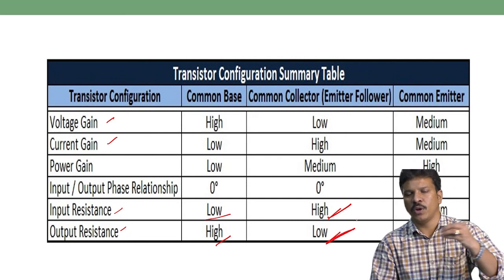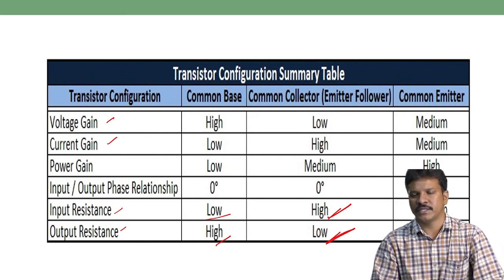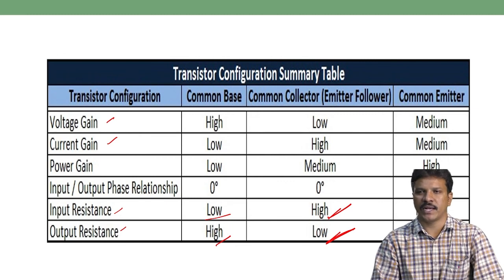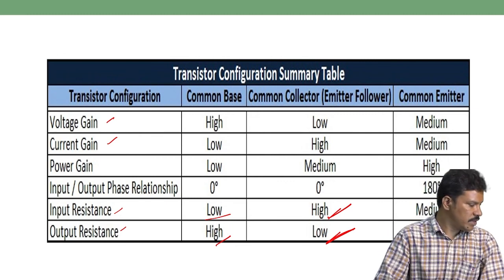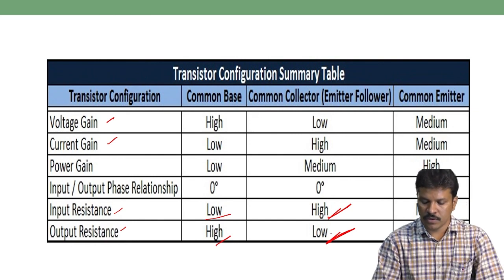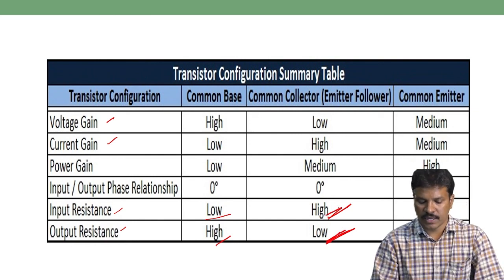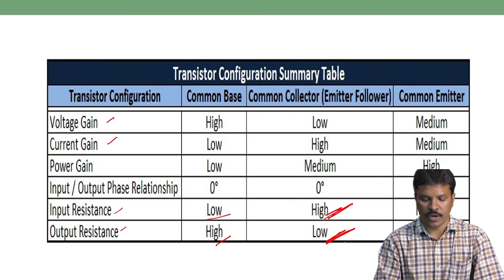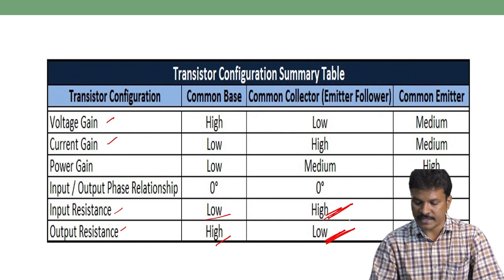So when we drive a low impedance circuit, we can prefer common collector as a buffer circuit.